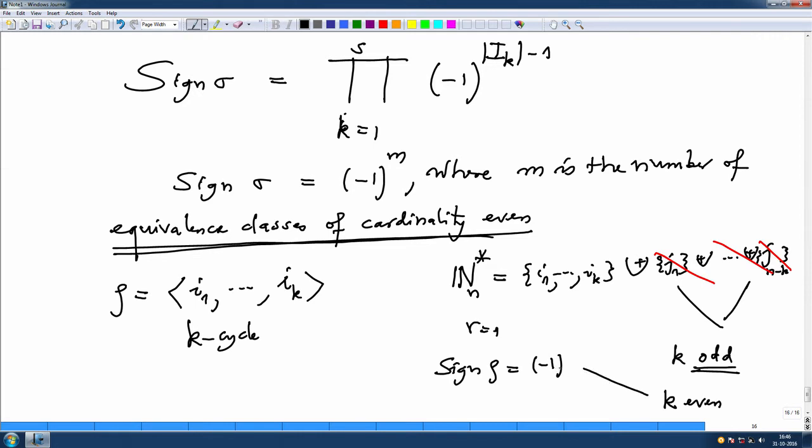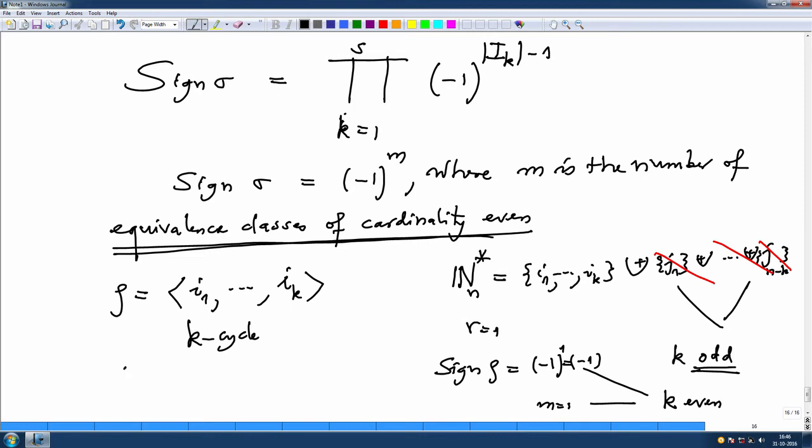If k is even, that means this cardinality is even and there is only 1, so m is 1 in this case, and the sign is minus 1. So, what you have noted is if this k were even, then the sign is minus 1.